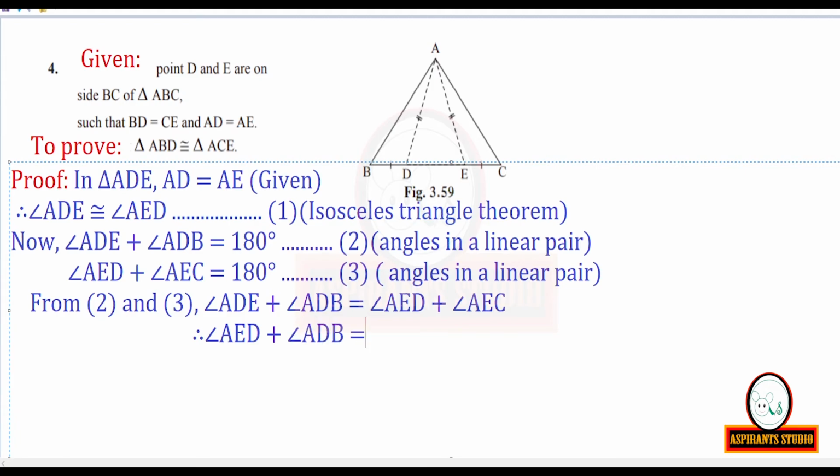So you can replace measure of angle ADE by angle AED. You need not change the names. Just like that, substitute. Angle ADE is congruent to angle AED, so measure of angle ADE is equal to measure of angle AED. So substitute here, instead of measure of angle ADE, put measure of angle AED. So you get the next step. Within brackets you write from 1.